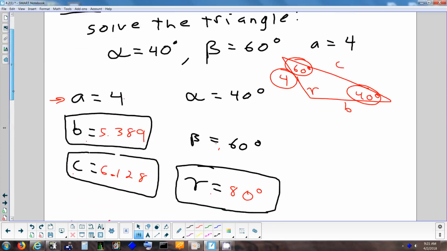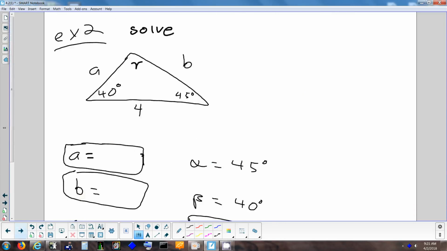Okay, so that's the angle side. Let's look at this one. So this one is still 2 sides and an angle, but this time the side is the one between the angles. Last time it wasn't.